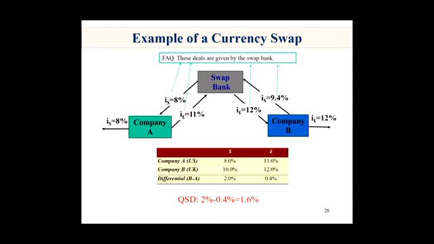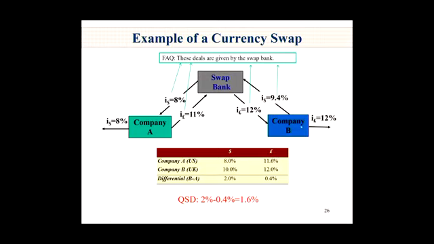Okay, so with that 8%, Company A can pay off their dollar debt, and they end up on balance with a pound denominated debt of 11%. If Company A had borrowed in pounds themselves, what would the rate be? 11.6. Okay, so under the swap, what is the rate? 11. So Company A is better off under the swap.